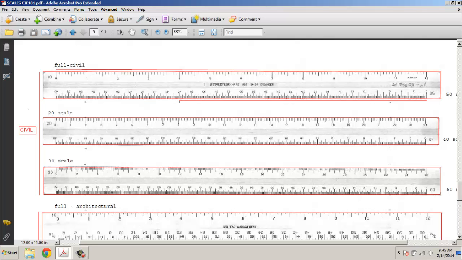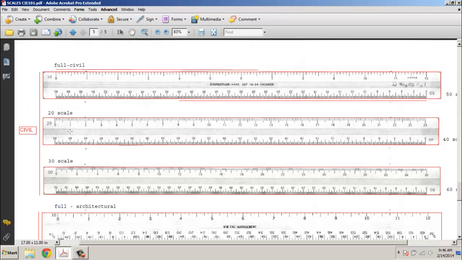So 1 inch equals 50 feet would be 400 feet on that line. Could be 4,000 feet. Could be 40 feet, if you're going the other way. So this would be 10, 20, 30, 40 feet at 1 inch equals 50. It depends on what the scale is asking you for.